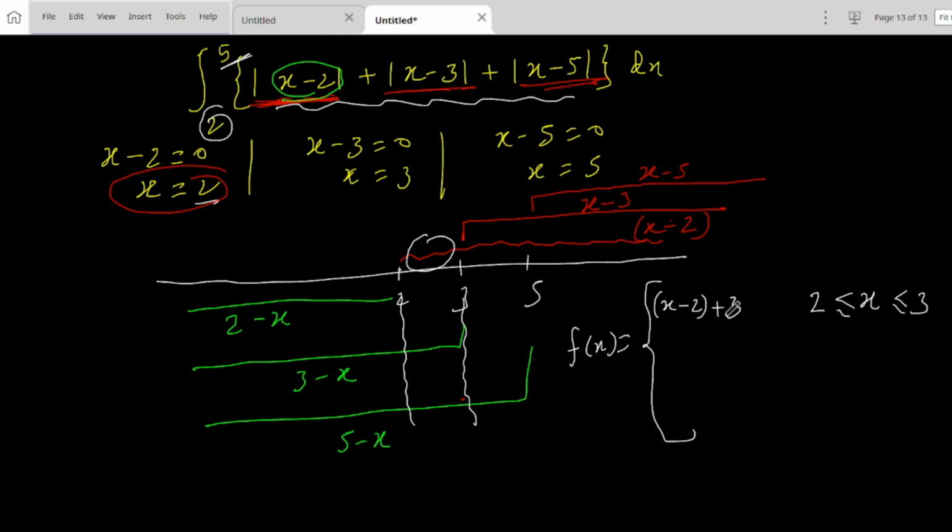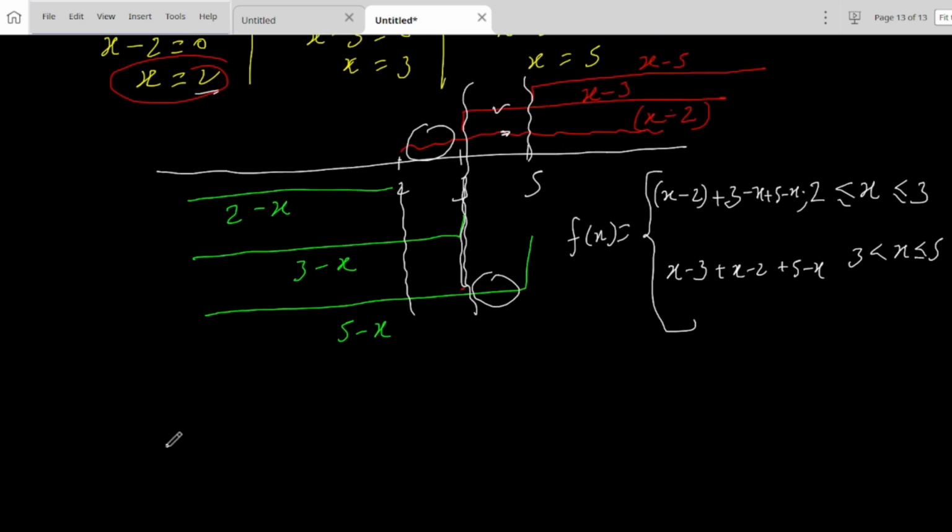So plus 3 minus x plus 5 minus x. And between 3 and 5, this expression is x minus 3, this expression is plus x minus 2, and this expression is 5 minus x.